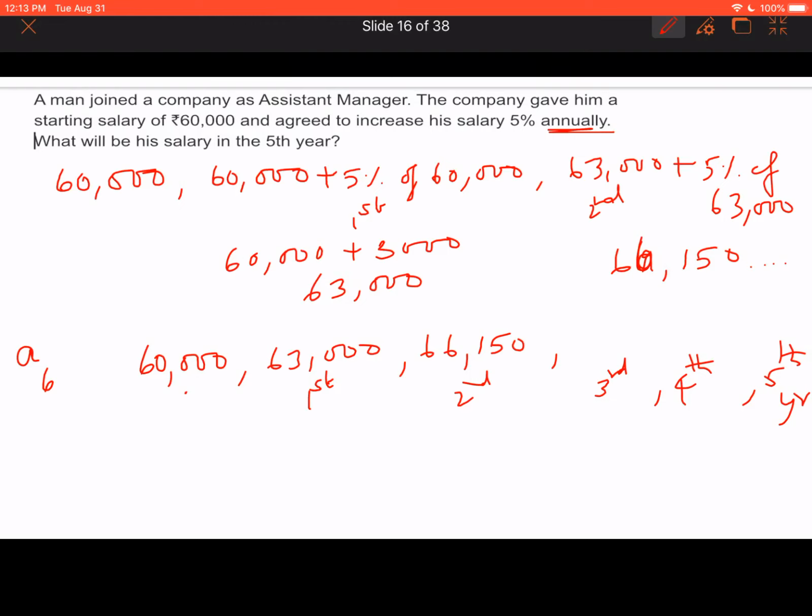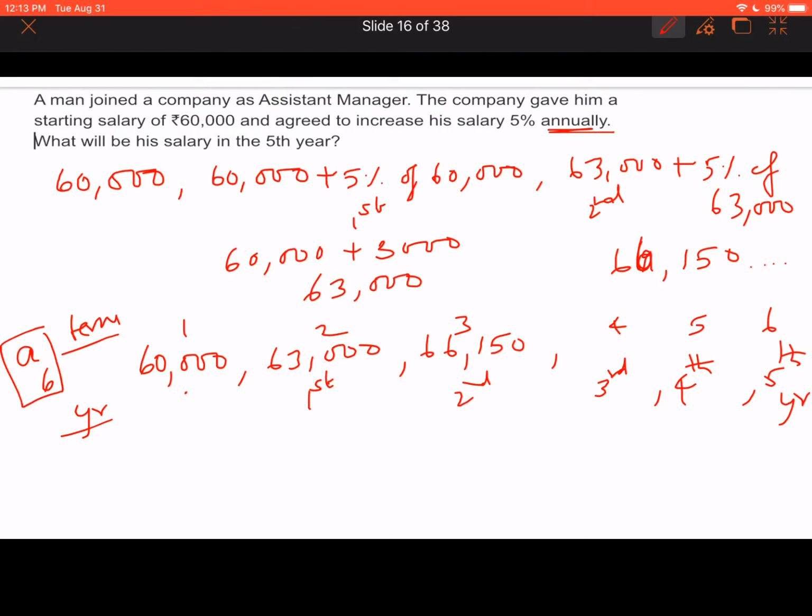But the number of terms is needed. This is the year, and this is the term: first, second, third, fourth, fifth, sixth. So we are supposed to find the value for the 6th term.